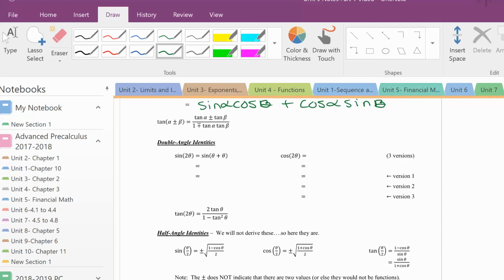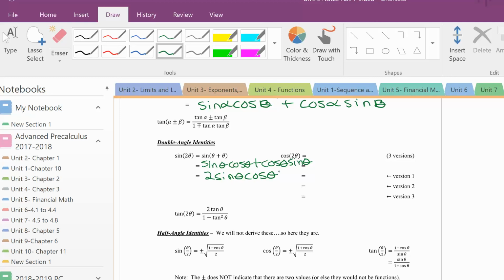This leads us to the double angle formulas, which is maybe just adding the same angle. So you have sine alpha cosine alpha plus cosine alpha sine alpha, and notice these are the same, so it's 2 sine alpha cosine alpha.